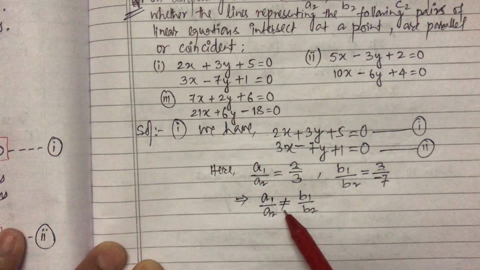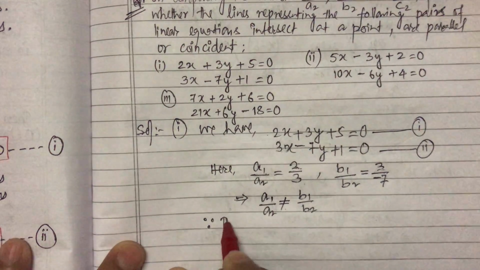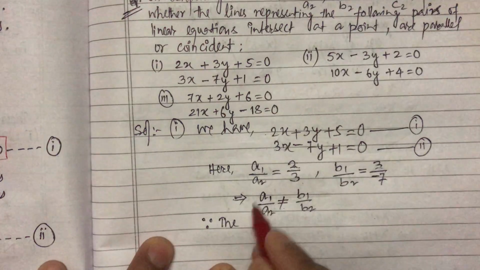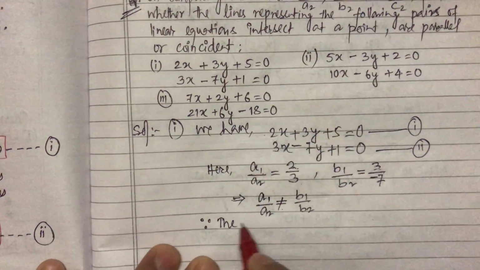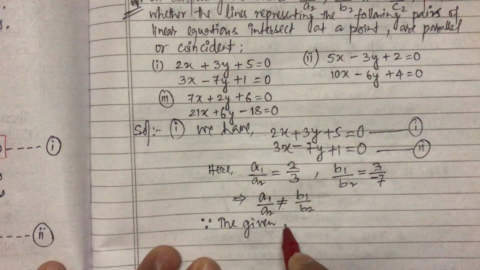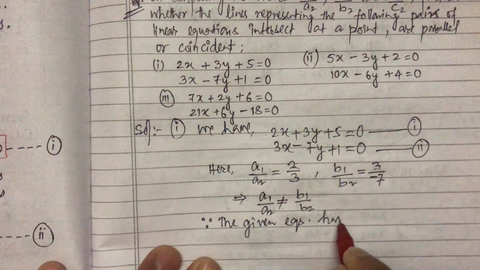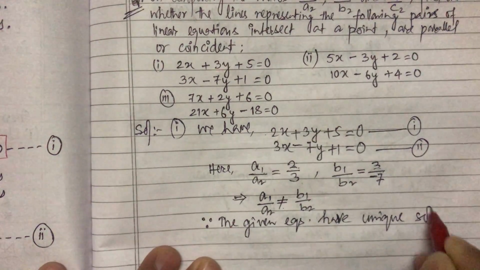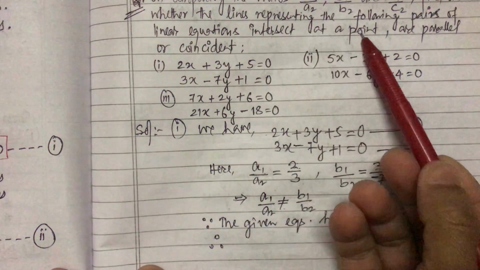So this is a unique solution, since this condition tells me that the given equations have a unique solution. Therefore the lines intersect at a point.